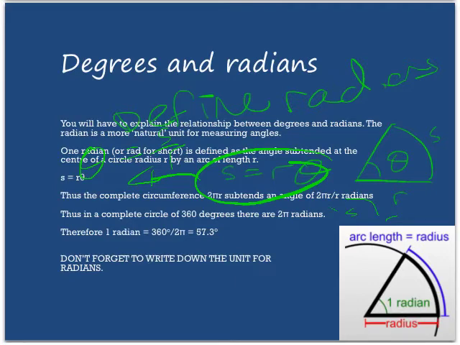That will tell you that we have 2 pi radians in 1 revolution. Whenever you do questions, don't forget to write down radians and do not leave an answer as 2 pi. No, don't do that. Bad.